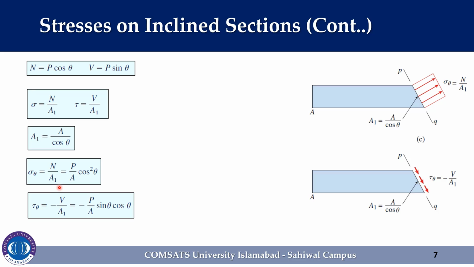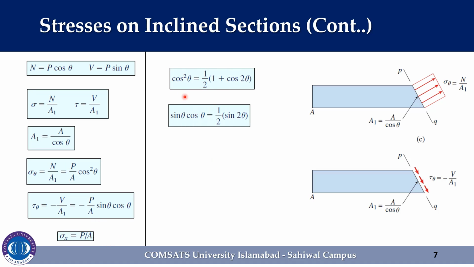Now, by introducing the term sigma x is equal to P over A, in which sigma x is the normal stress on a cross section, replace sigma x in place of P over A in the above equations. And by introducing the trigonometric relations, cos square theta is equal to 1 over 2 times 1 plus cos 2 theta, and sin theta cos theta is equal to 1 over 2 sin 2 theta.